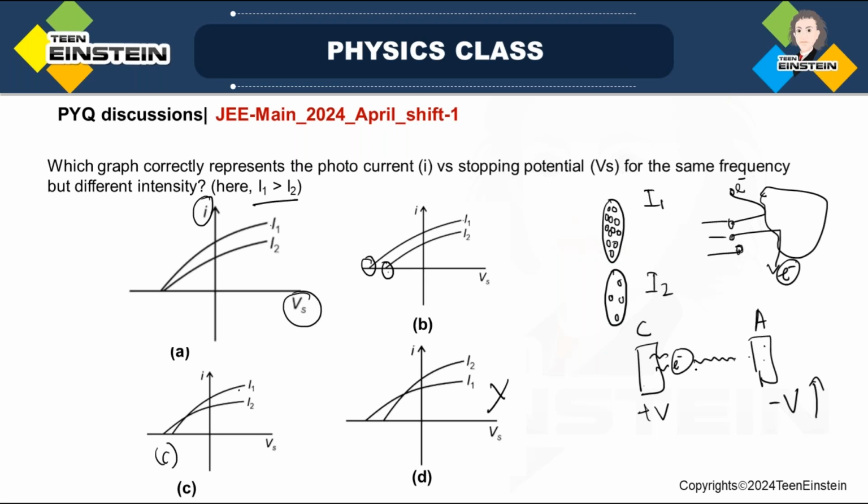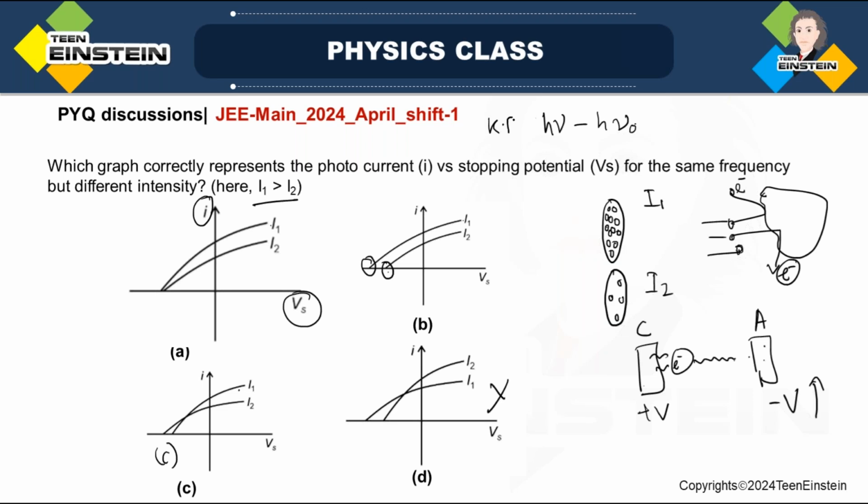See, the kinetic energy the electrons will have depends on the excess energy. I have incident photon energy h nu, and I have threshold frequency nu 0, or the work function energy h nu 0, then I have excess energy.